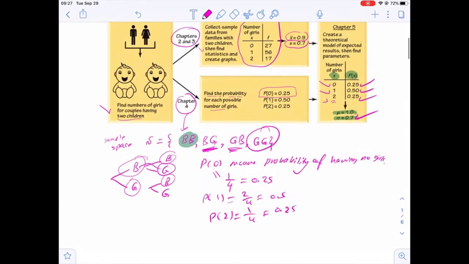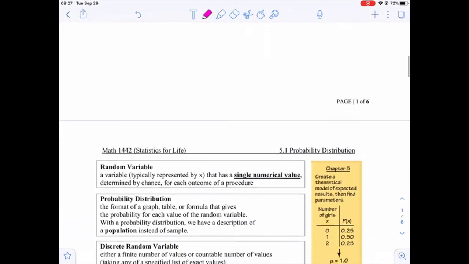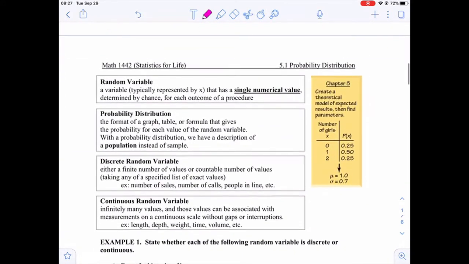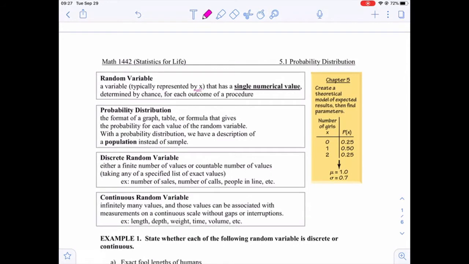So we'll start with the variable x here. We called it a random variable, but let's define it. A random variable, which we usually denote as x, has a single numerical value determined by chance for each outcome of a procedure. In the previous example, x denoted the number of girls, and that can be 0, 1, or 2. So it has numerical values.